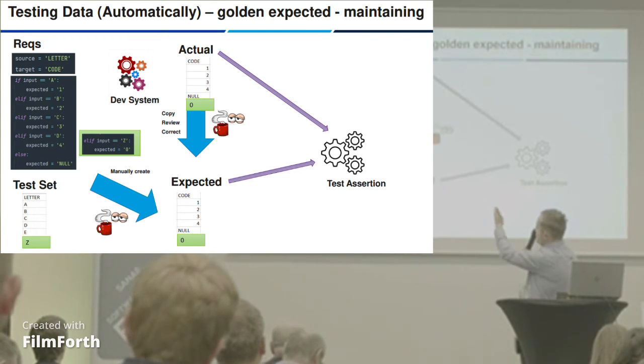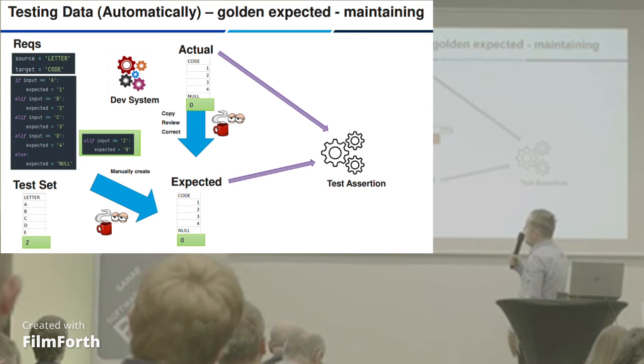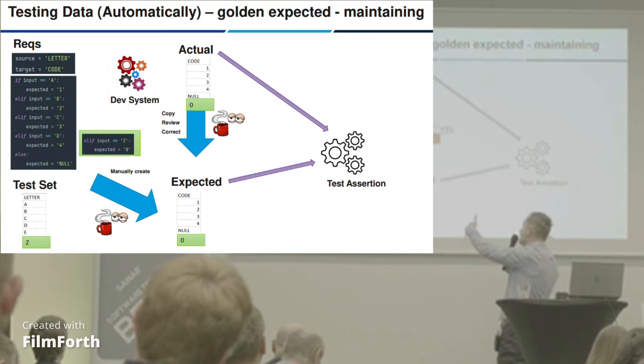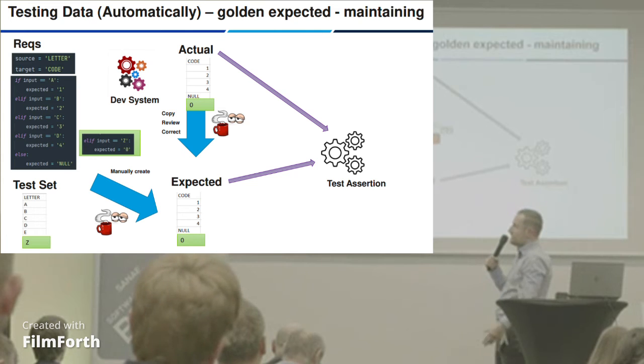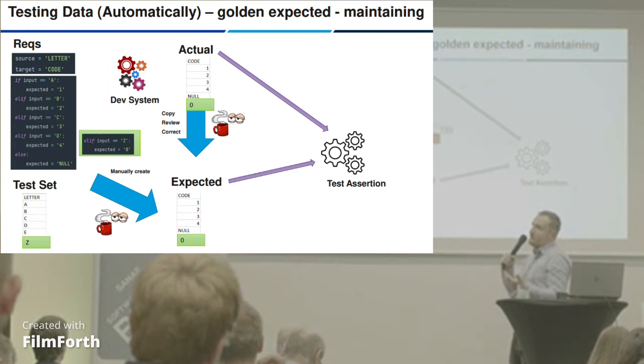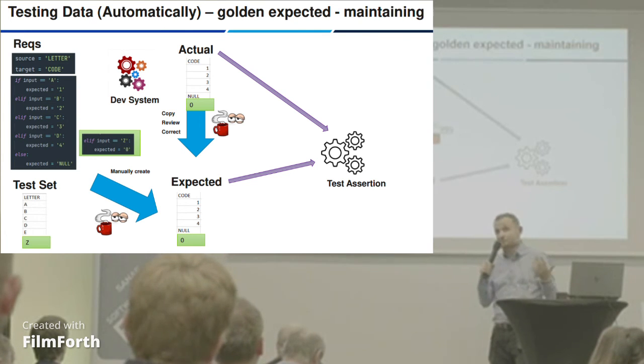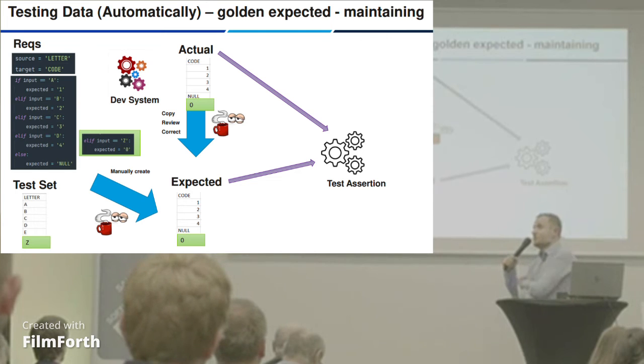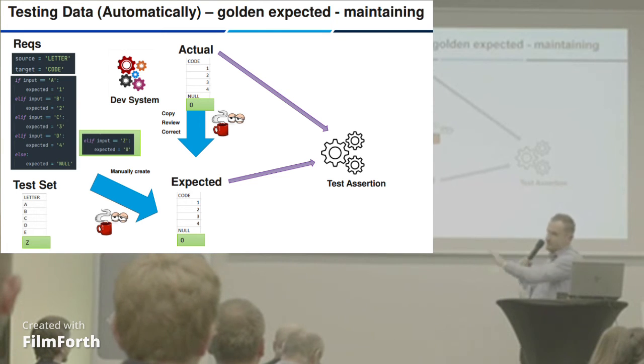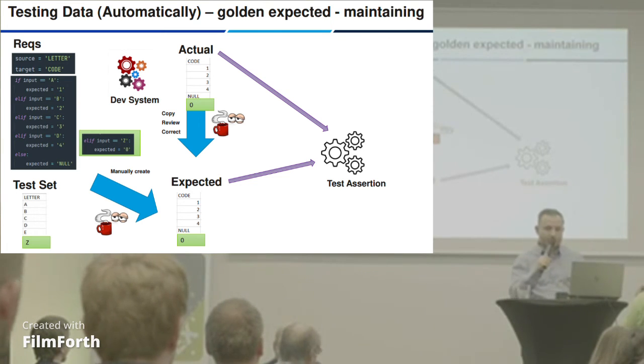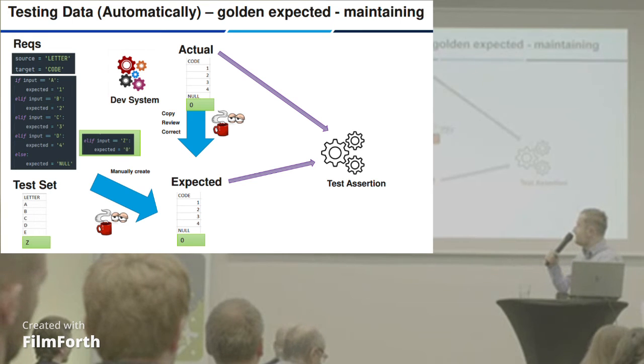Of course, in actual we've got 0. Everything is okay, and we need to update our expected. We can do it via script, but it's not so easy. That's only a very simple example. We've got much more complicated data.